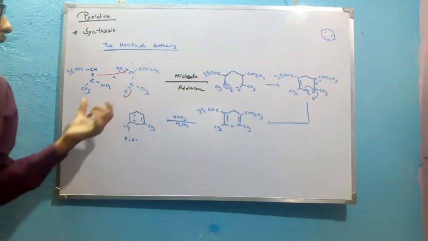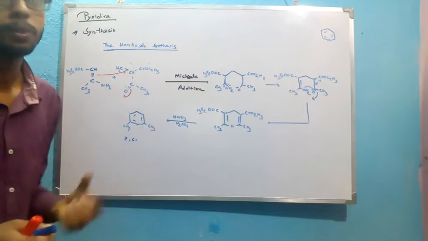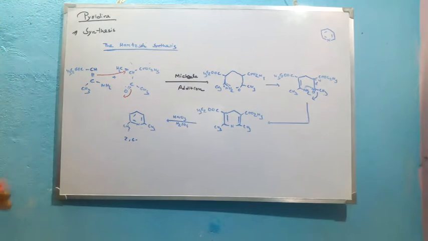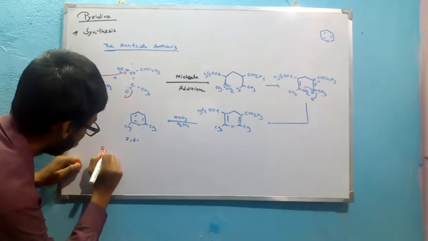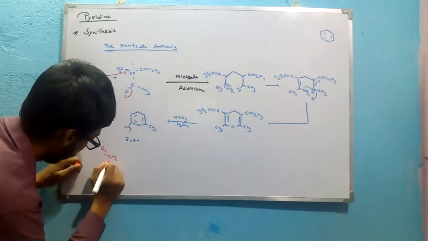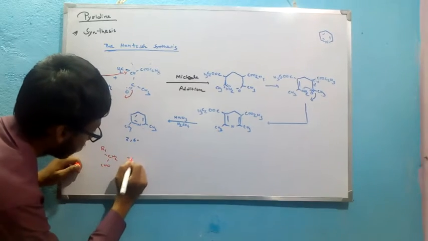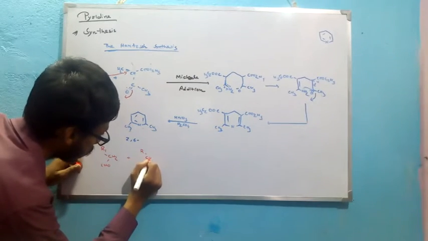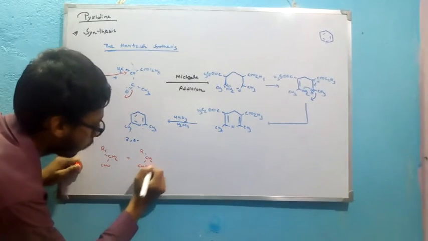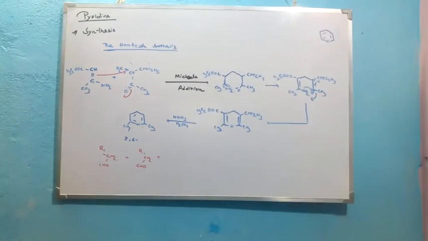So we can also take 2 molecules of aldehyde, like R1CH2CHO plus R1CH2CHO, and 1 molecule of ethyl acetoacetate.